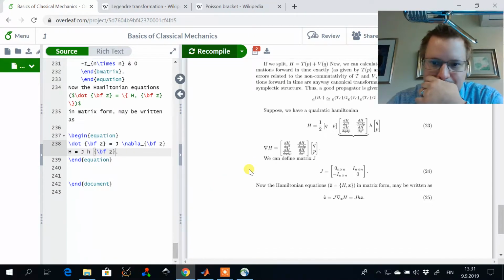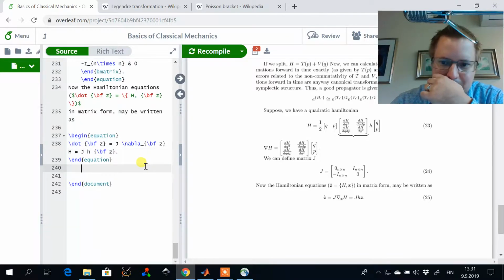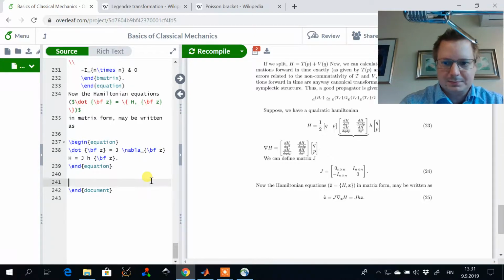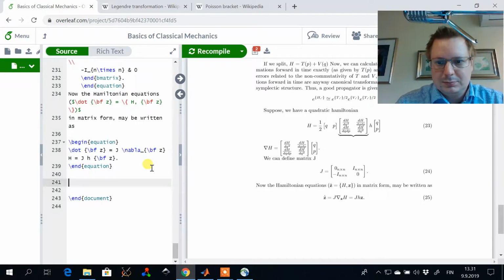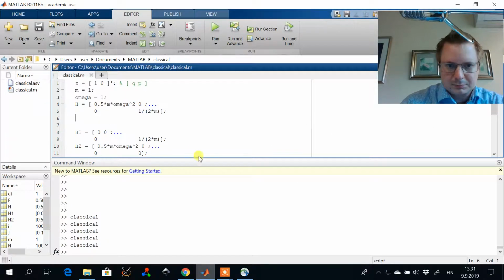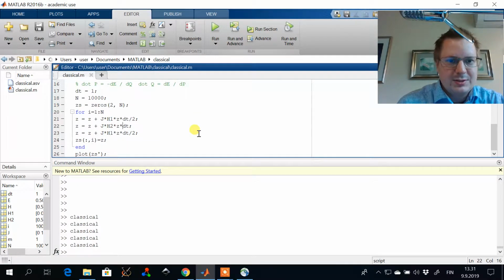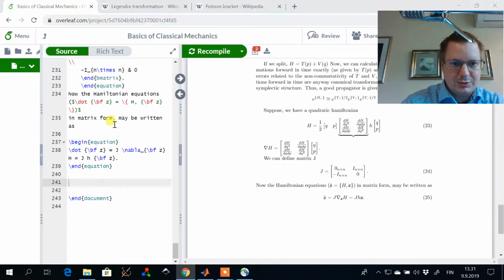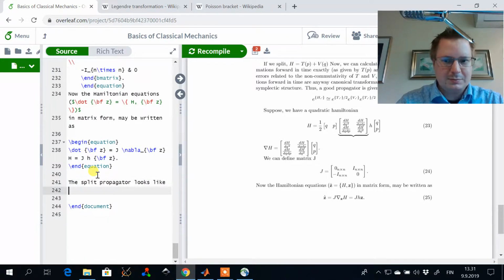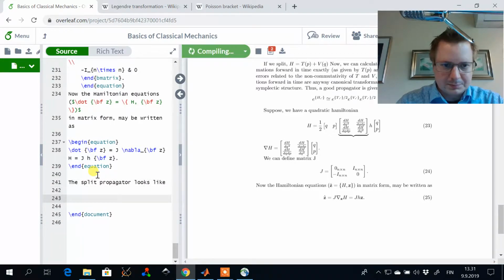And so now suppose that we look at our propagator we just derived. Our propagator, we had J times H1 and H2 and so on. So the split propagator, it looks something like this now.